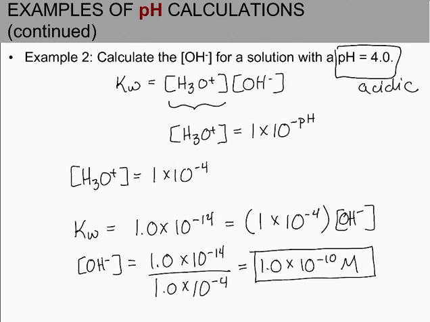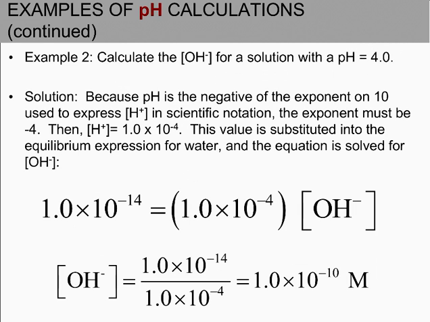All right, now that also makes sense looking at our concentration of hydroxide ions. It's really, really small. 10 to the negative 10th is a very small value. So that tells us we don't have a lot of basic stuff in solution, which means that it has to be acidic. And here's the solution slide.